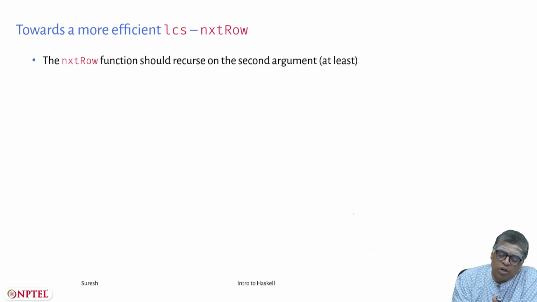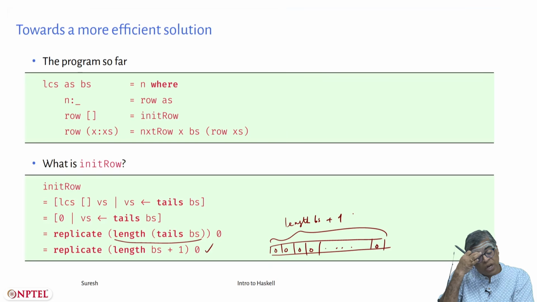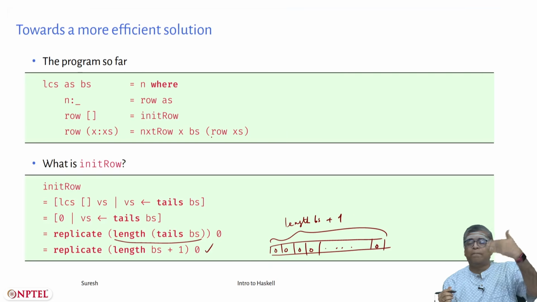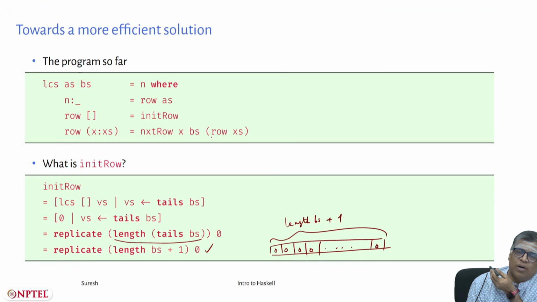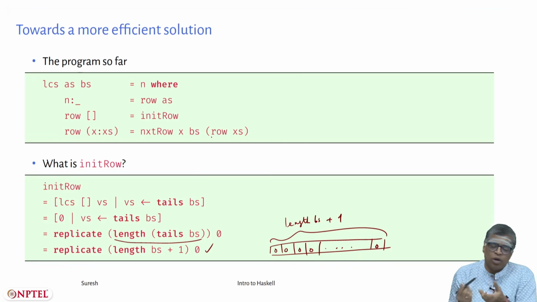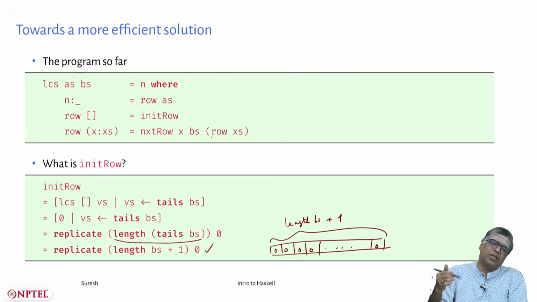So the nextrow function should recurse on the second argument. The nextrow function has two things. It takes the complete previous row and it takes the extra letter in this row, x:xs. I should do something, and essentially what I want to do is compute the LCS of x:xs with respect to everything in tails of Bs. So it would suggest that I have to do a kind of recursion on Bs starting from the rightmost element of Bs and going to the left.